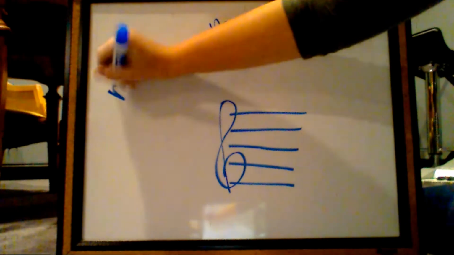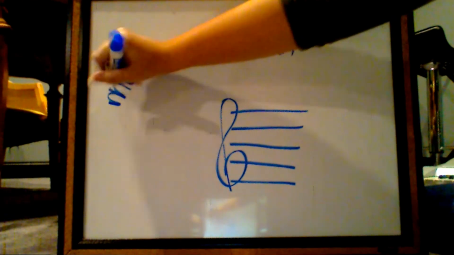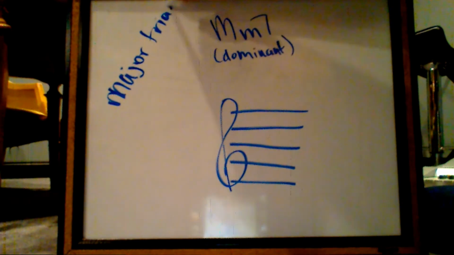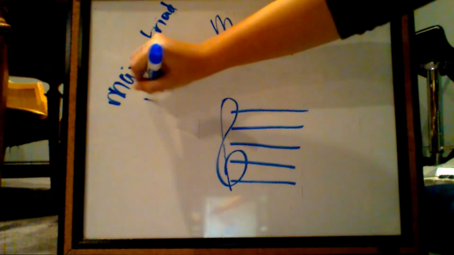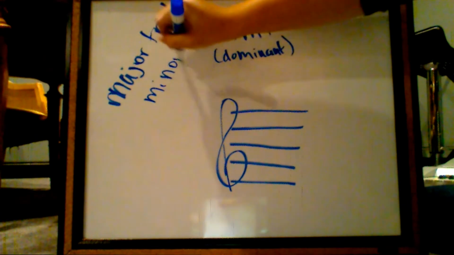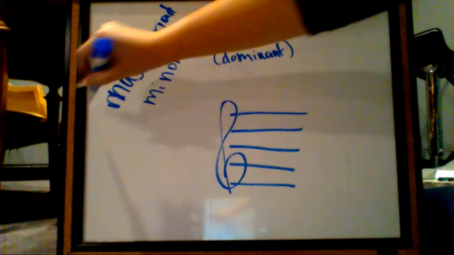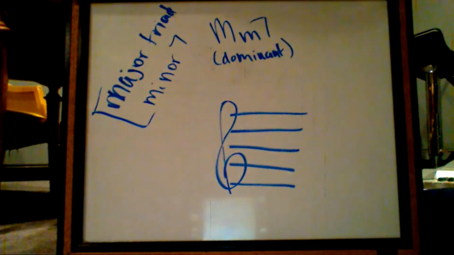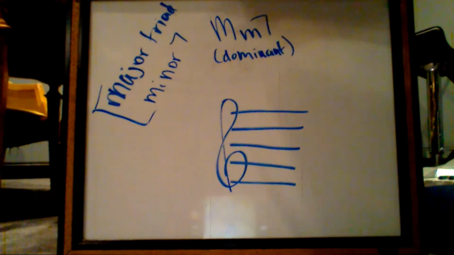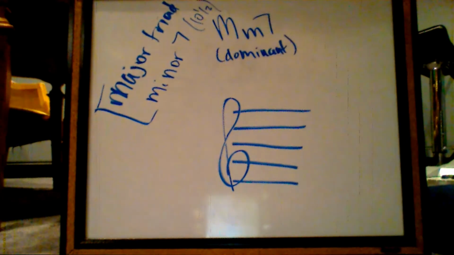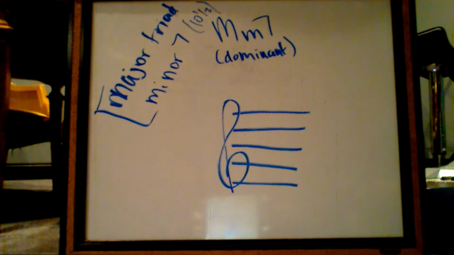So it has a major triad in the bottom with a minor 7th from the bass to the top note, your 4th note. So this means you actually have to go 10 half steps instead of 11, like the last one.